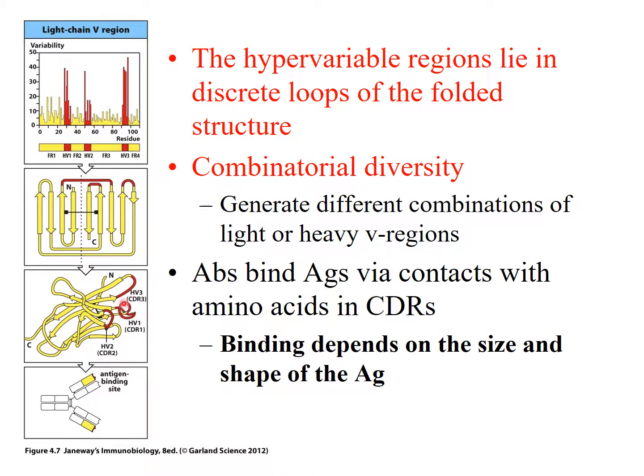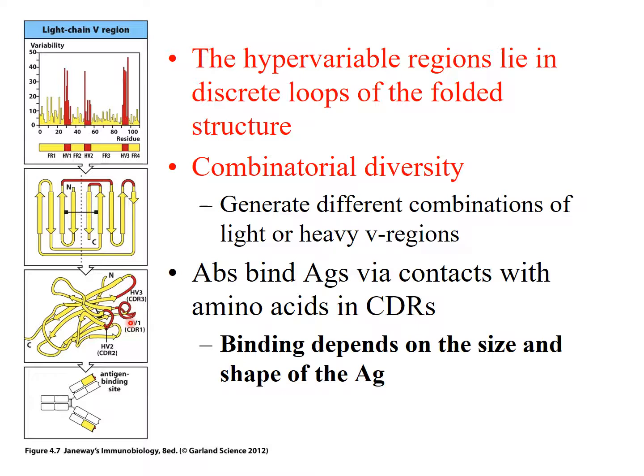These loops are the variable regions, because this is where the direct interaction between the antibody and antigen occurs. Whatever is there on these loops is going to be exposed to the environment, and this is where things will start to interact.